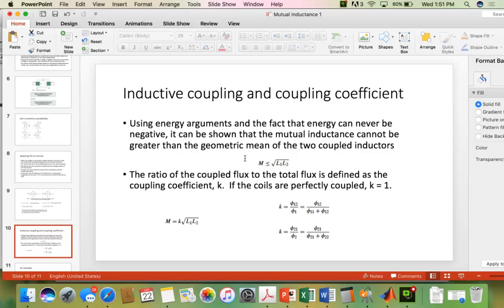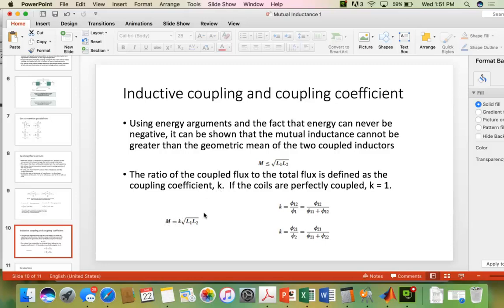Which leads us to defining something called a coupling coefficient. If the mutual inductance is the maximum that it can possibly be, what that means is 100% of the flux in coil 1 is coupled to coil 2. And so in that case, M would be equal to the square root of L1 L2, or the geometric mean between the two coupled inductors. So we define something to give us an idea of how close to perfect is our coupling, known as the coupling coefficient.